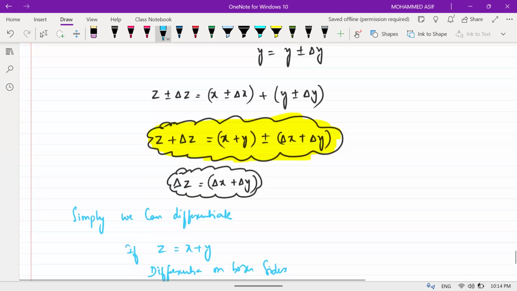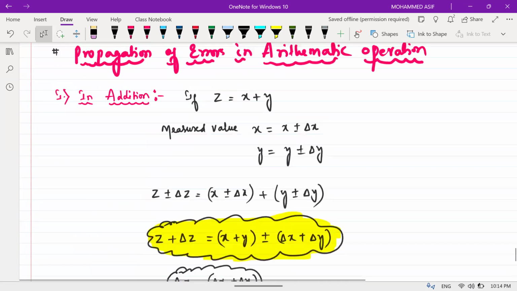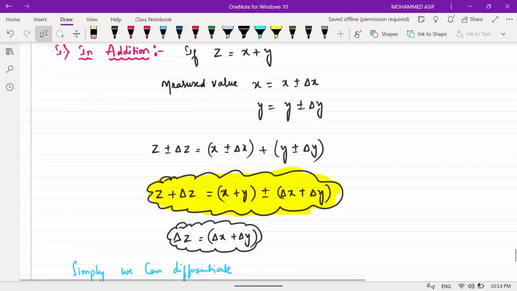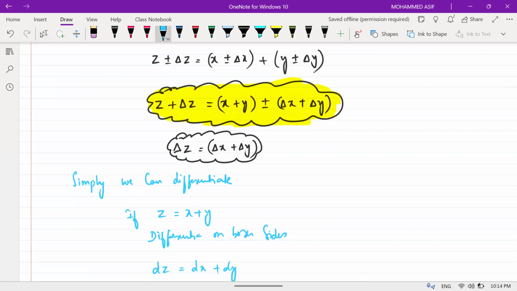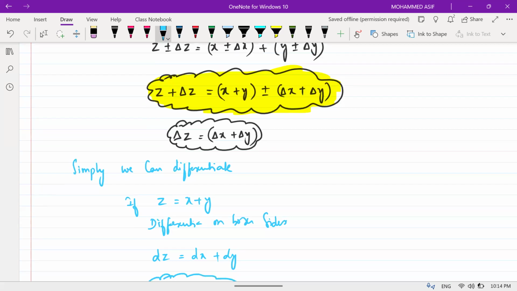Am I clear? In addition, z is equal to x plus y, the error delta z will be equal to delta x plus delta y. Am I clear, beta? Am I audible, beta? Yes, sir. Sure.